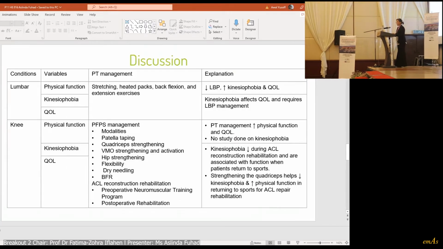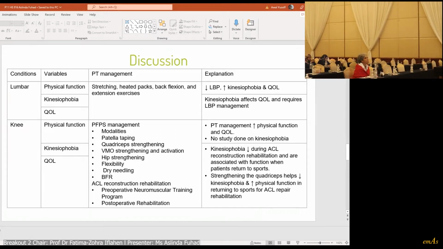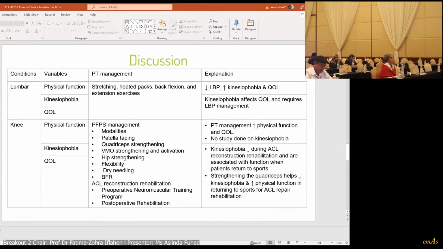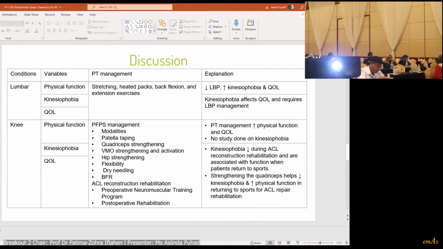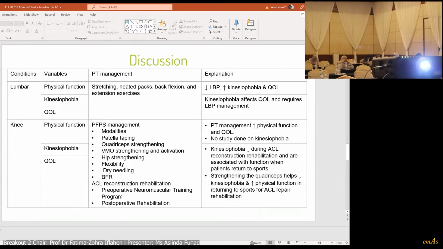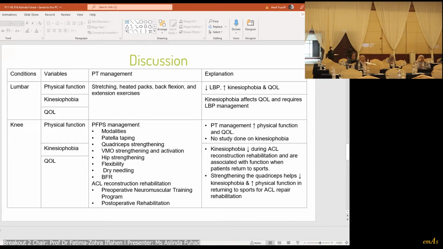Okay. Discussion on the lumbar. I put it into 3 variables for each. For the PT management that you discussed for the lumbar, I think Dr. Zarina already mentioned the general physio management for the lumbar.